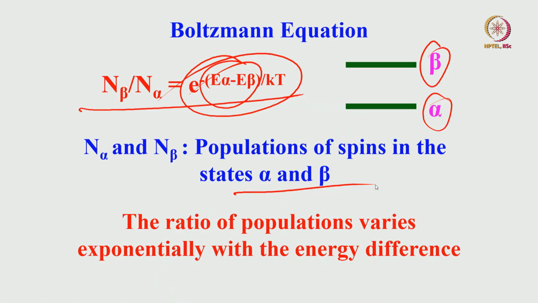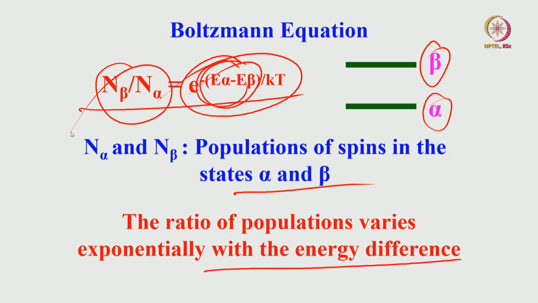This is the energy separation, and n alpha and n beta are the populations of the spins in the states alpha and beta. The ratio of the populations varies exponentially with the energy difference. You see how exponentially it is varying.